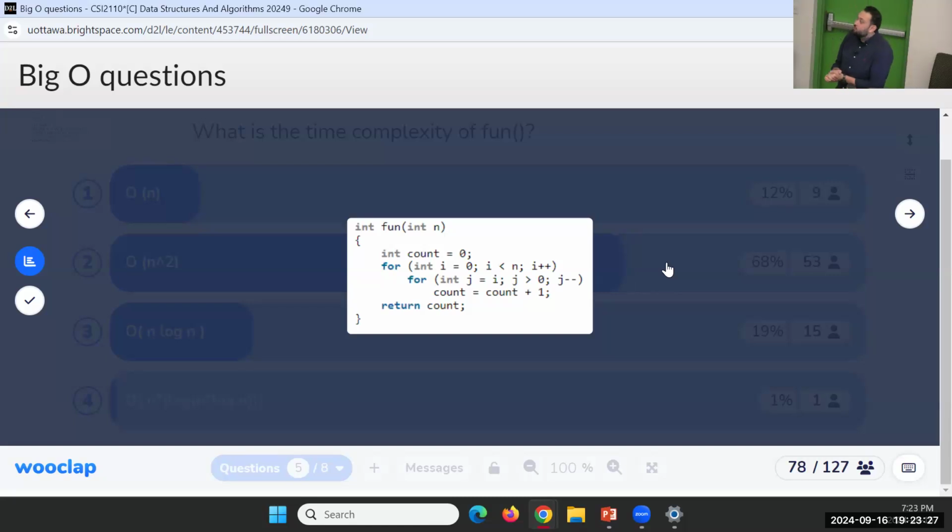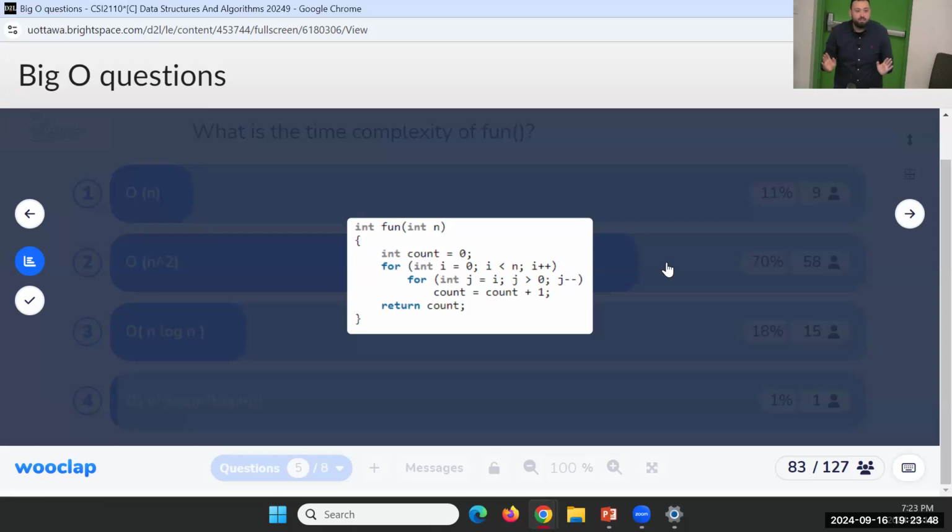That's true. So now, technically, if you look at it, guys, int i equals 0, i less than n. So I'm going from 0 to n. The inner loop is j equal i. So whatever i is, from 0 to n, right? So this is an easy one. We can actually guess it. It's n squared.